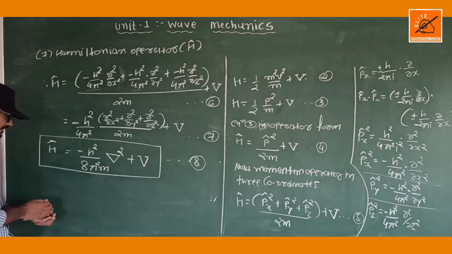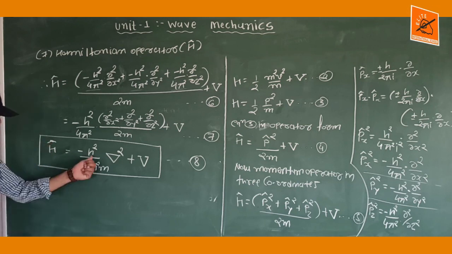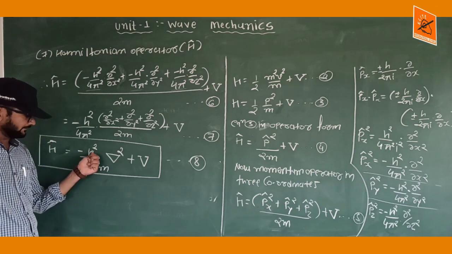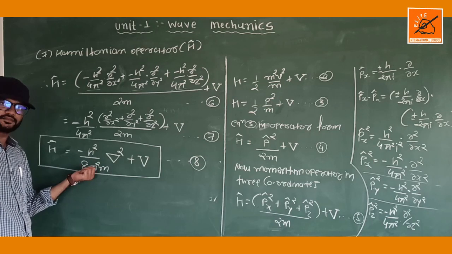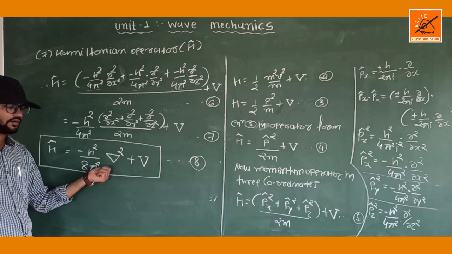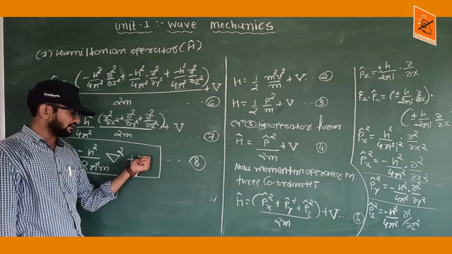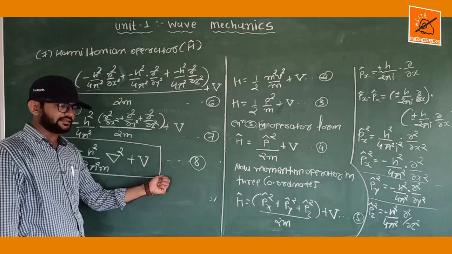Here H cap indicates the Hamiltonian operator. Small h indicates the Planck constant, over 8 pi square m. What is m? M is the mass of the particle. Del square is the Laplacian operator, plus capital V, that is potential energy.